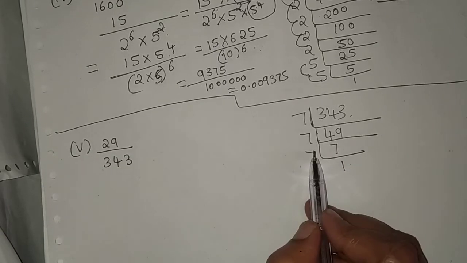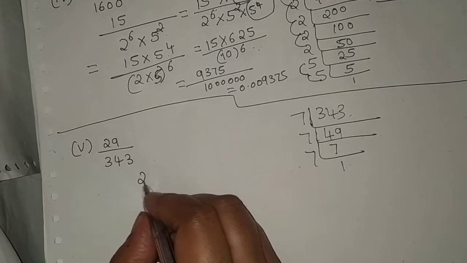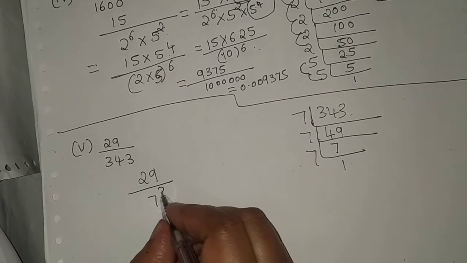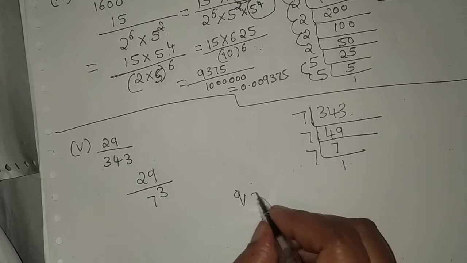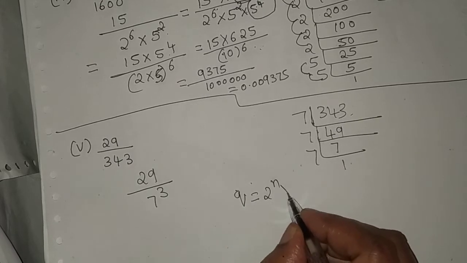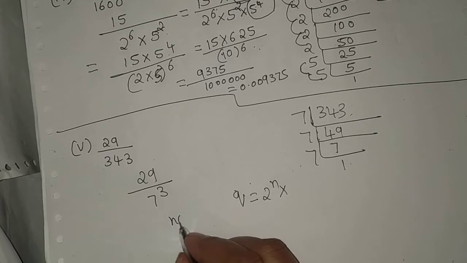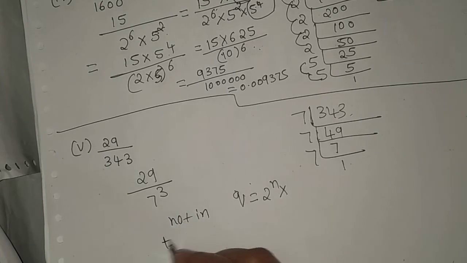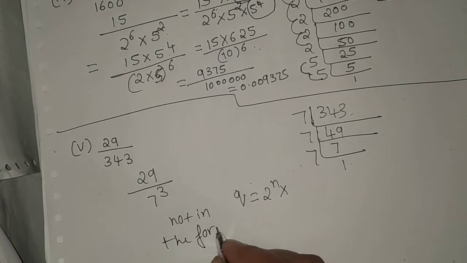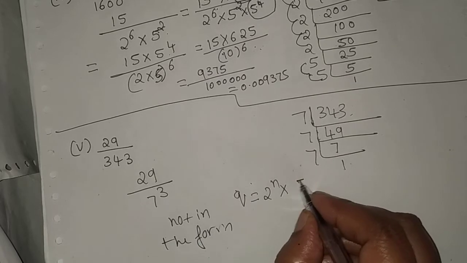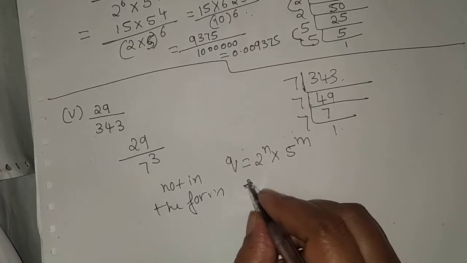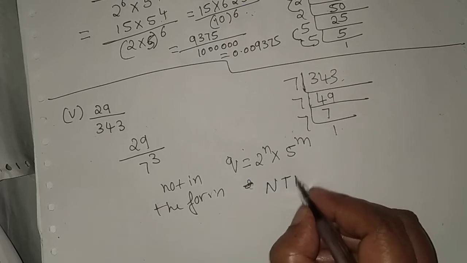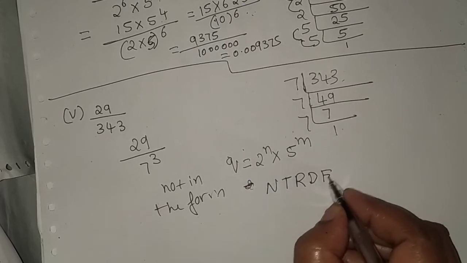Since we are getting only 7 here, that is 29 by 7 cube, which is not in the form 2 to the power of n into 5 to the power of m. So this can be written as a non-terminating repeating decimal expansion.